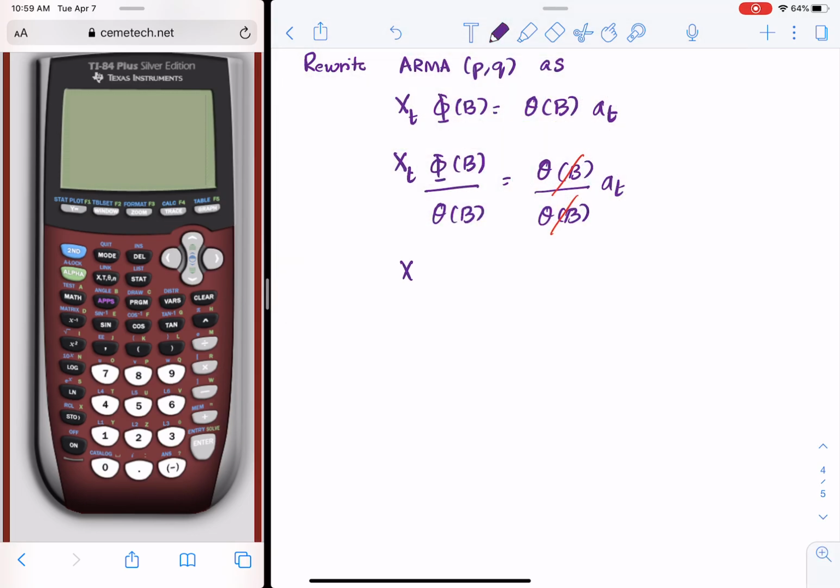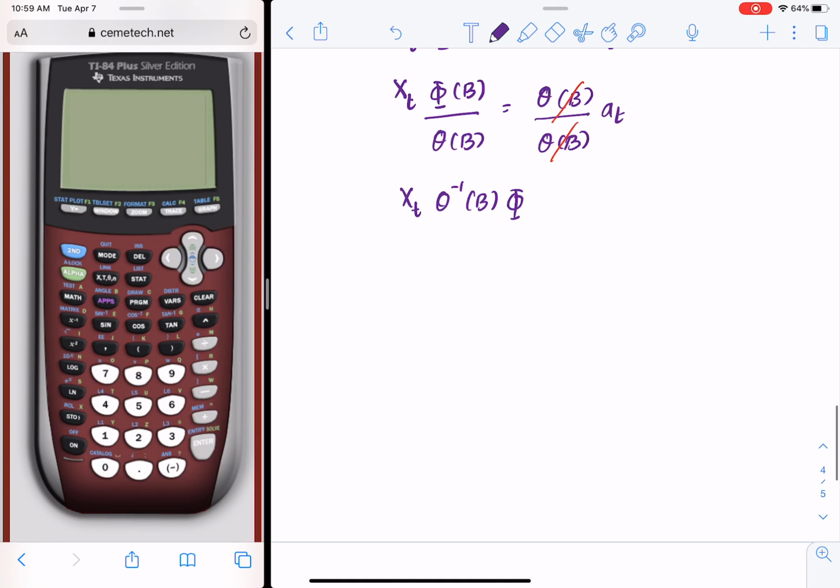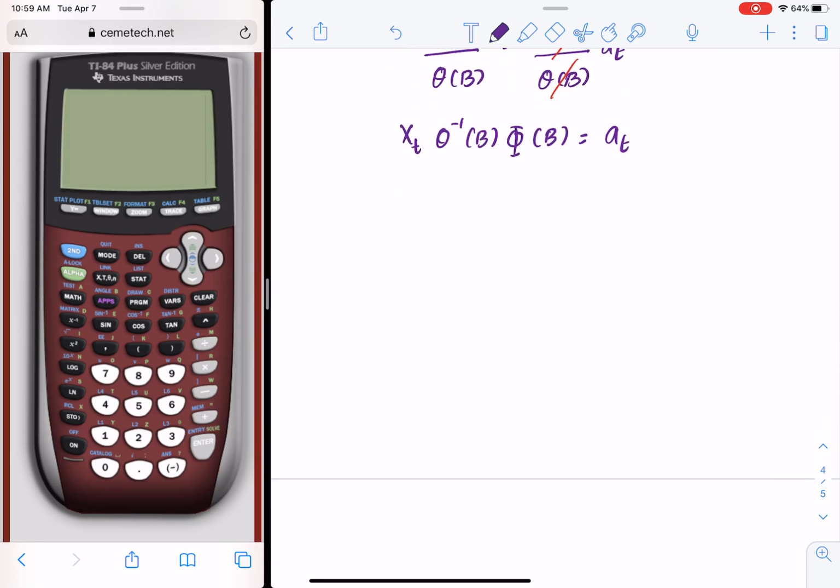And we would simply have, excuse me, theta inverse B phi of B equals a sub t. So for us to write it in this manner, the denominator on the left hand side cannot equal 0. That is a simpler explanation.